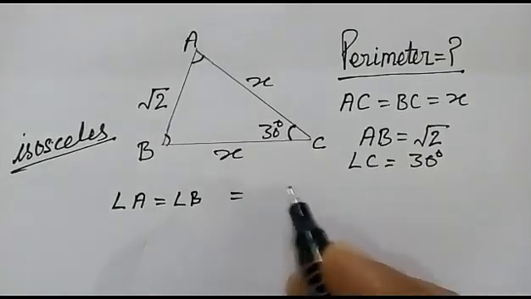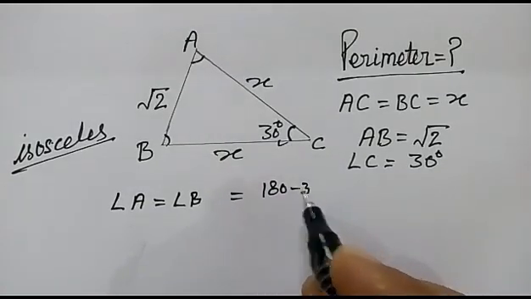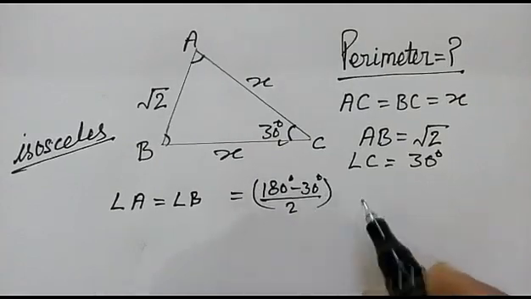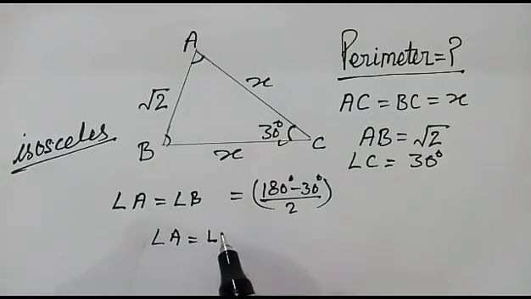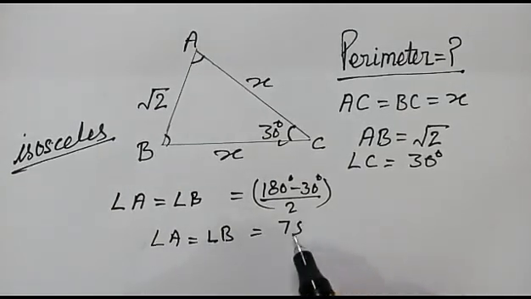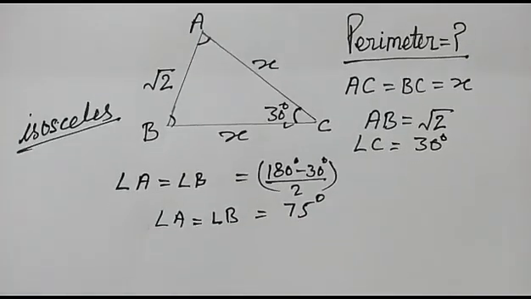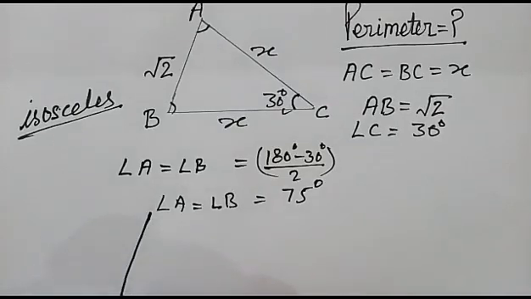So, 180 minus 30, over 2. So angle A is equal to angle B is equal to 75 degrees. Right? Now we go with the second step.